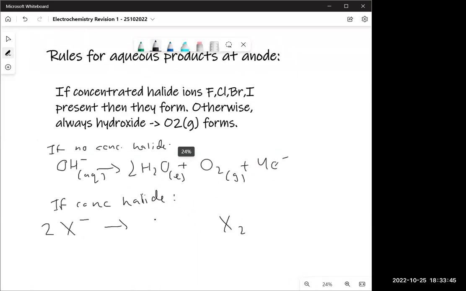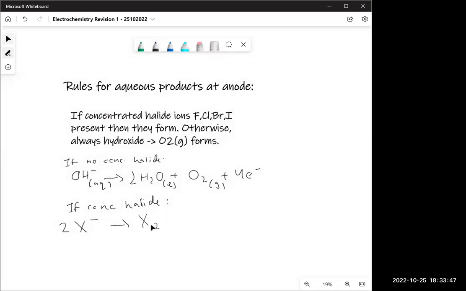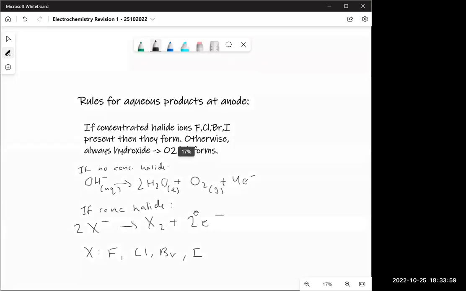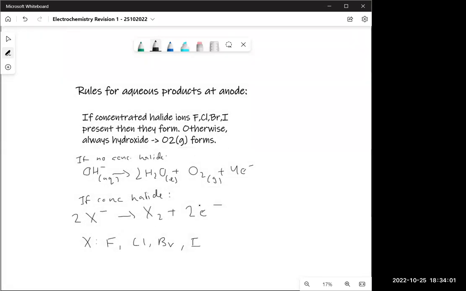Write this in your notebook, tell me when you're done. What is this X over here? X could be anything. It could be F, Cl, Br, or I. So if a concentrated halide is there, you have to do this equation. If it's not there, it's always the other equation. Is that clear?